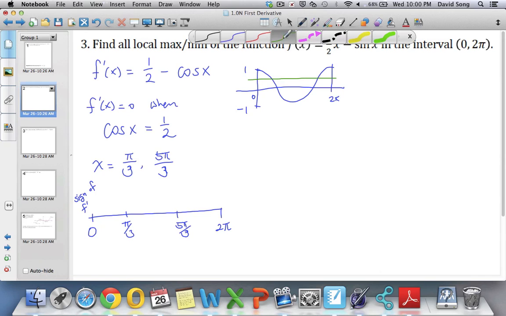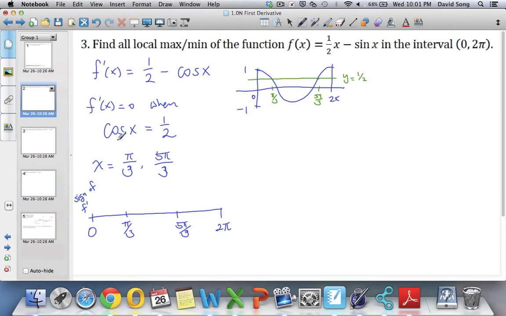So this point right here, when cosine of x is 1 half, the first time this is pi over 3, and the second time right there is 5 pi over 3.